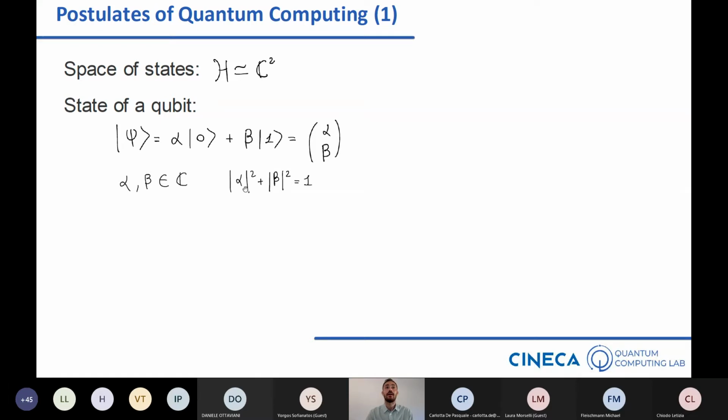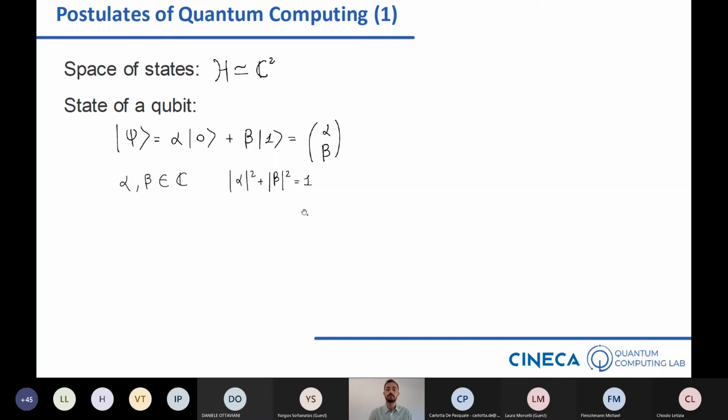Since alpha and beta are probability amplitudes, their norms squared are probabilities, so the sum of their norms squared should be 1.